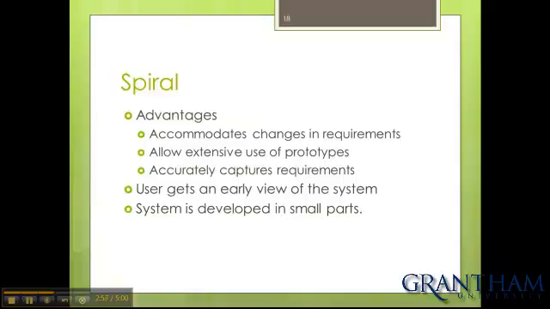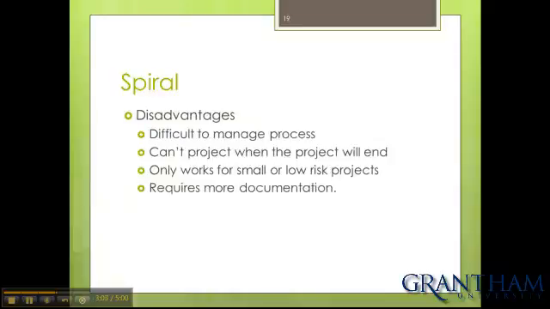It accurately captures requirements. The users get an early view of the system, and the system is developed in small parts. Some disadvantages are that it can be difficult to manage the process. It can't project when the project will end, and it only works with small or low-risk projects. And it requires more documentation than other models.